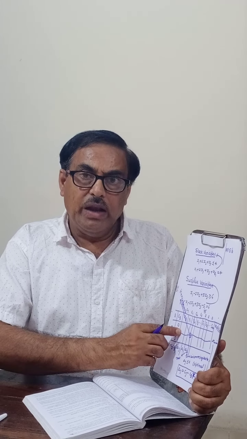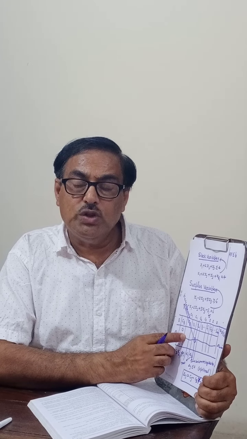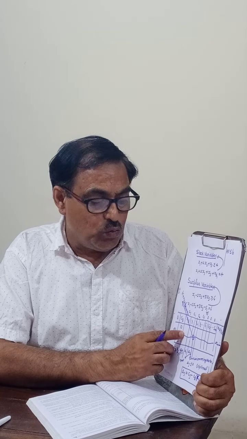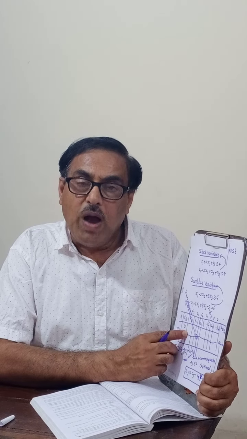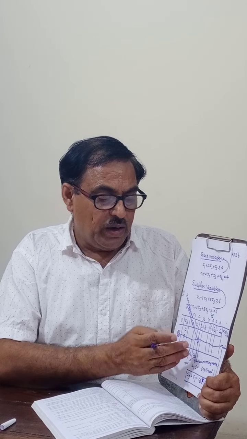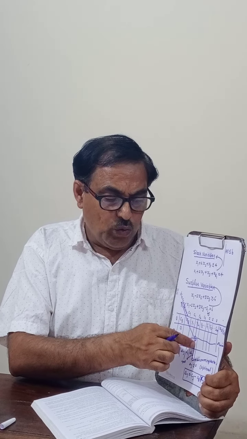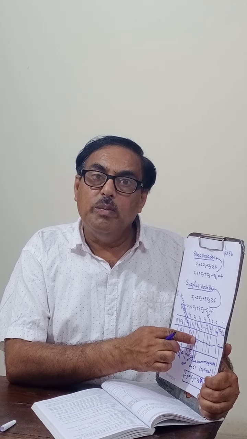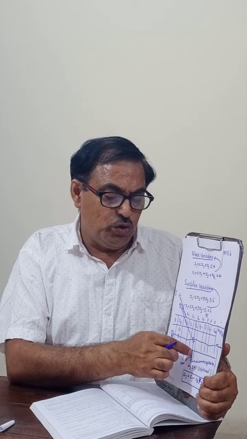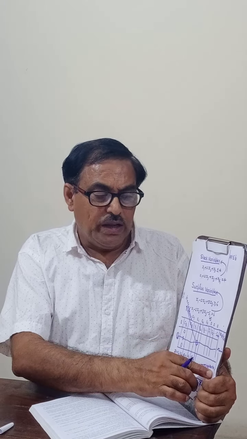Then the operation is performed on this row. Suppose the key element is 2, then divide this row by 2 to get unity in place of the key element, and for the incoming vector the column takes the basic form, meaning 1 0 0 or 0 1 0 or 0 0 1. Again we find delta j.